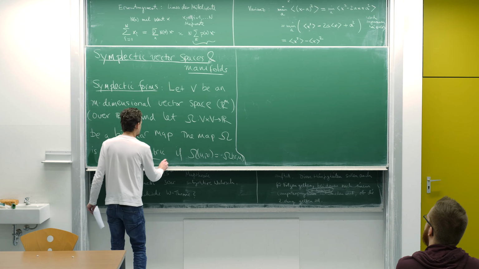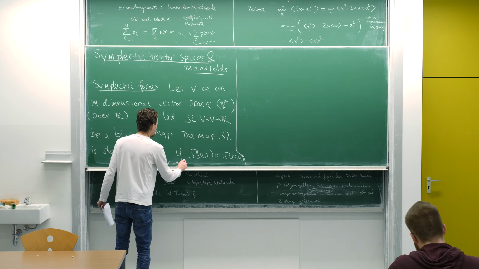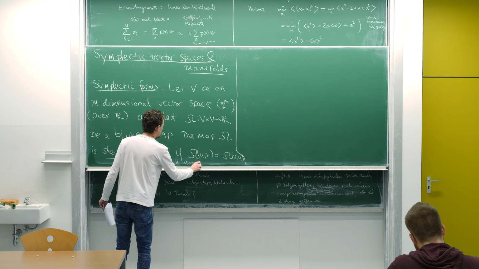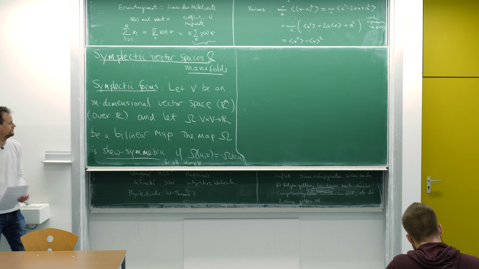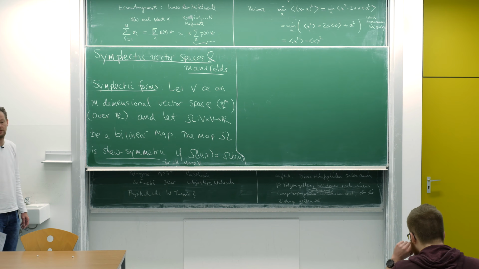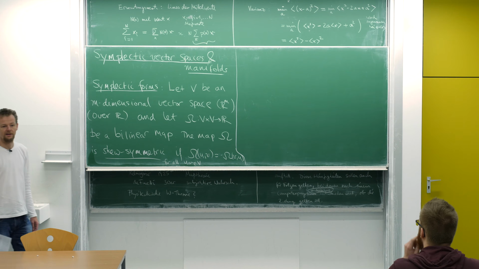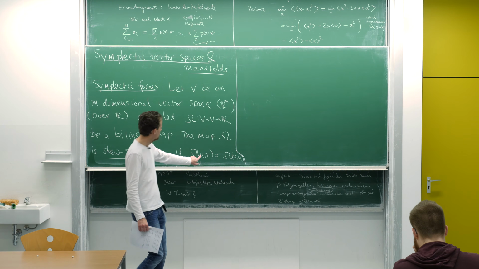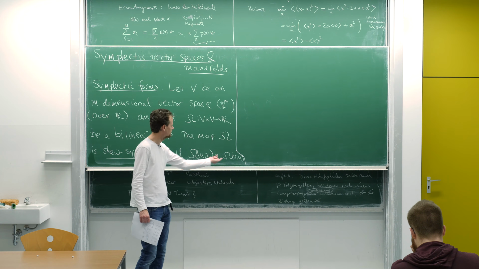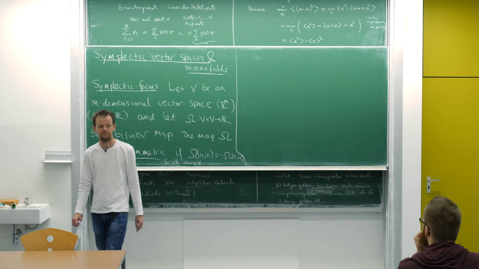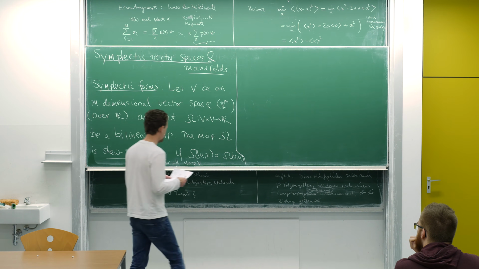And then I'll squeeze in the for all u and v in the big vector space V. That's a skew symmetric bilinear map. When you stick in two arguments and exchange them, you just pick up a minus sign. Easy peasy, right?